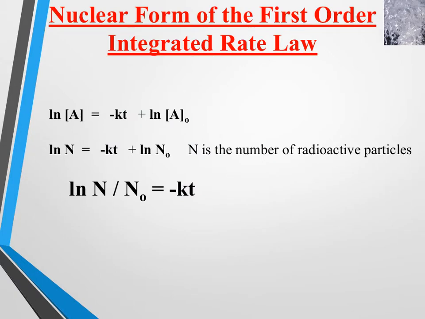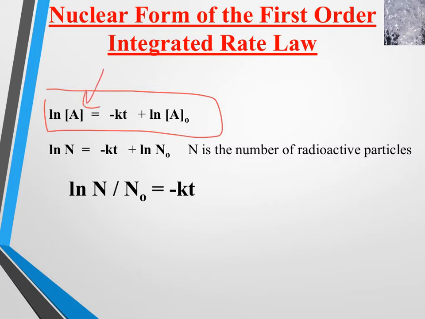Nuclear chemists, nuclear scientists, tend to take the first order rate law, which you're familiar with seeing like this, and rearrange it and call some of the symbols different things that makes it more convenient with radioactive decay processes.